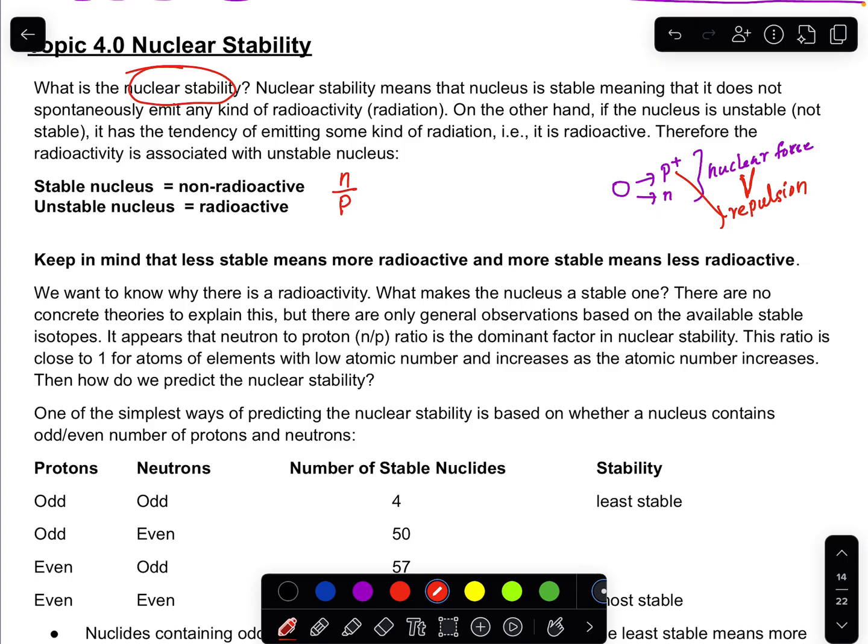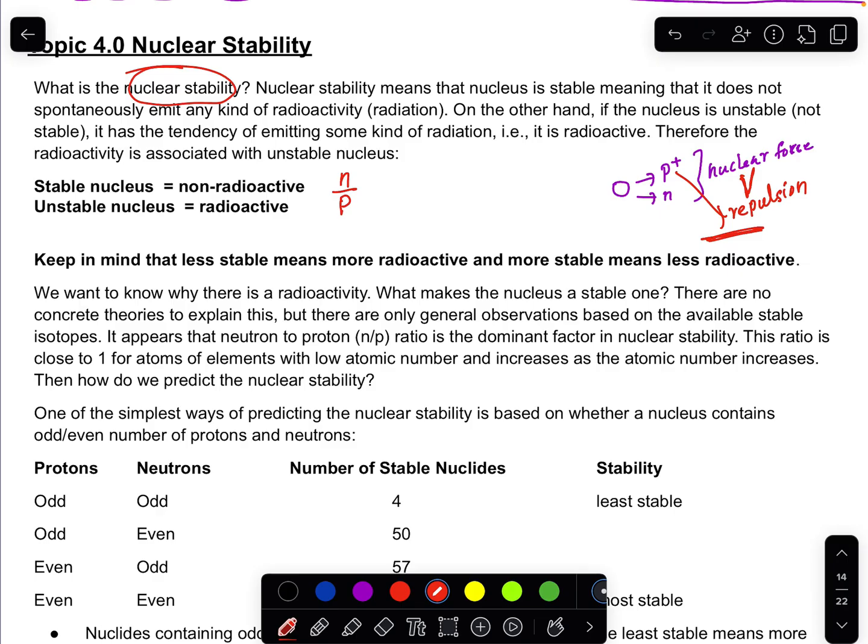Second, the attractive force in the nucleus must be very strong to overcome the electrostatic repulsion between protons. Then also a higher binding energy between nucleons.